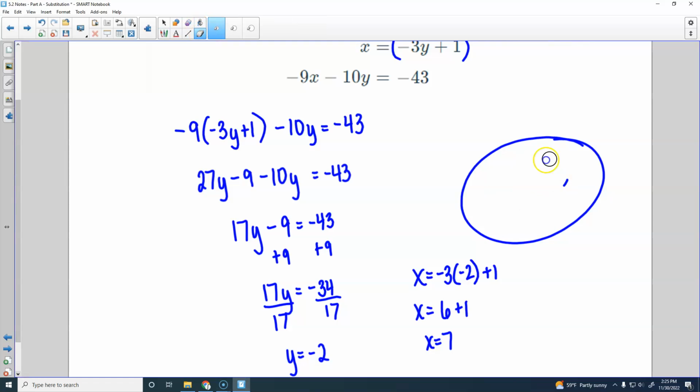Let's fix that. 7, negative 2. That looks better. All right, questions?